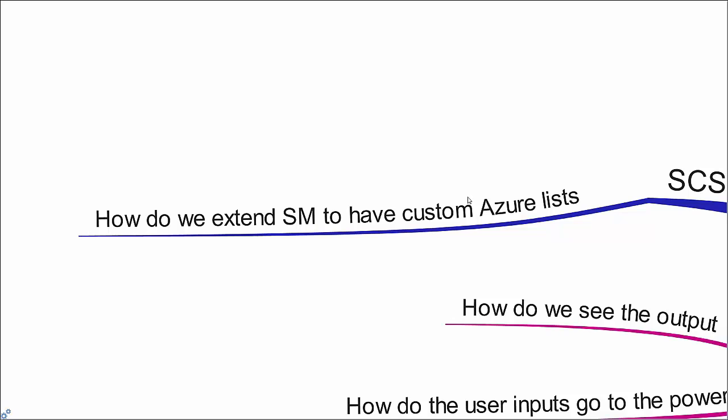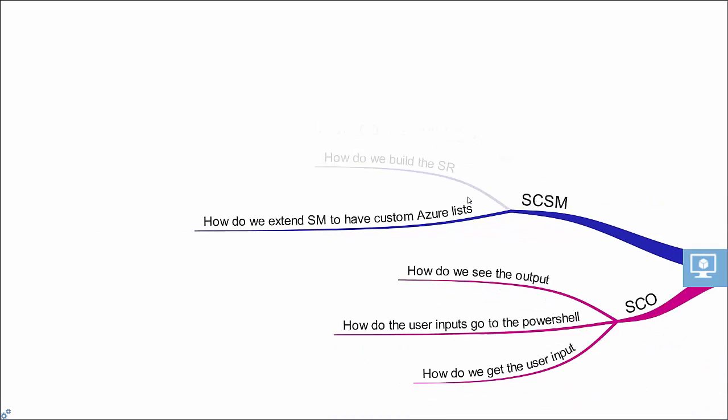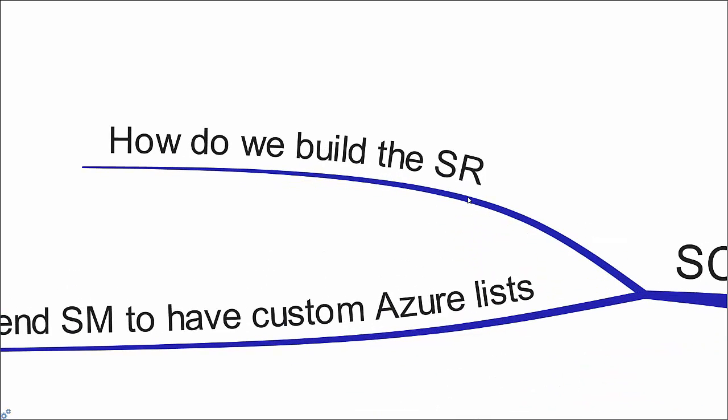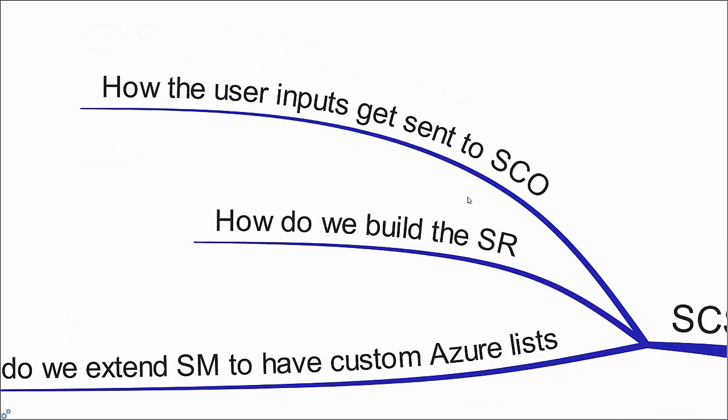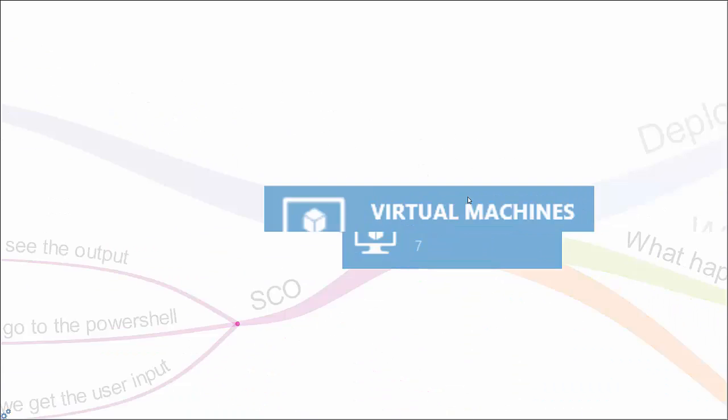So one of the key things we want is custom lists, so that you can just use a drop-down box and say, I want to deploy into this VNet, I want this storage account, etc. So how do we get those custom lists in? How do we build a service request inside Service Manager? What's it going to look like? And how does the input get sent to Orchestrator from Service Manager?